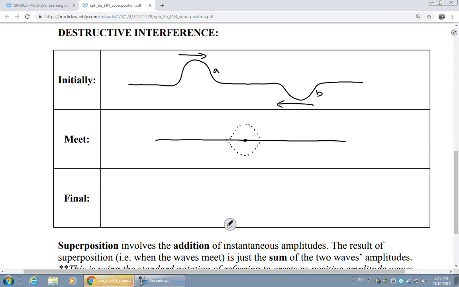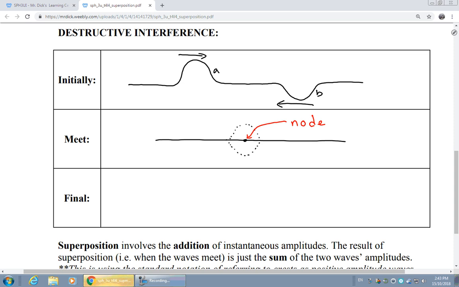And so we get a completely flat line at one particular point along the string. And that one particular point, at the exact spot where we get that perfect cancellation, we give a special name as well. It's called a node. So constructive interference produces a supercrest. Destructive interference produces a node.